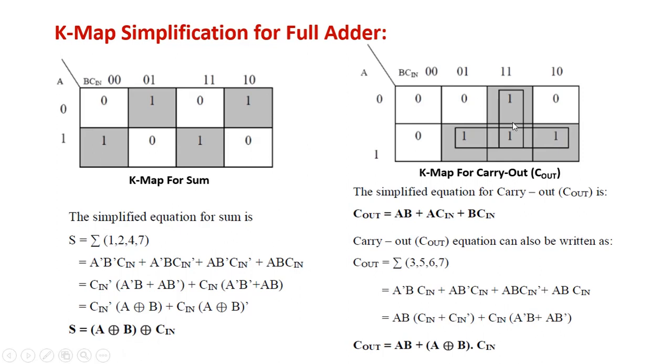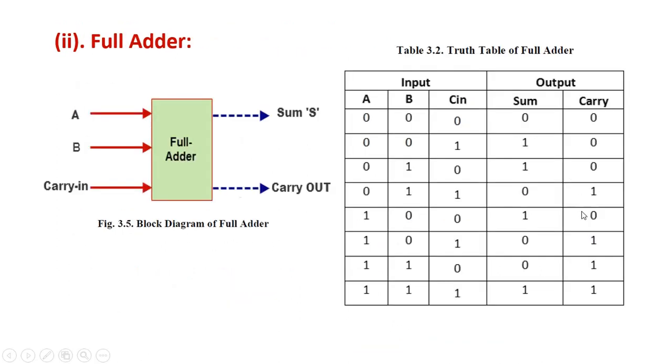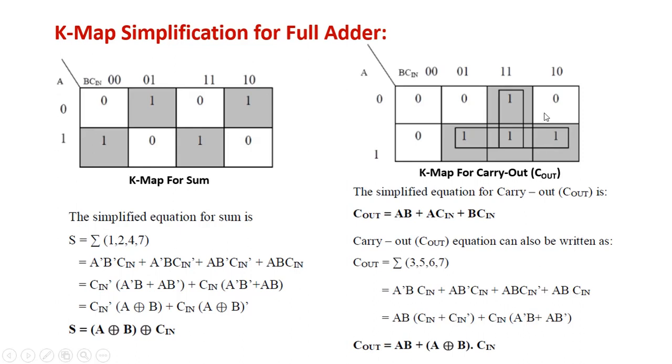Now similarly from the truth table we will get carry for this combination, this combination, this combination and this combination. So we will group these ones. This one can be grouped like this, this one like this and this one like this.